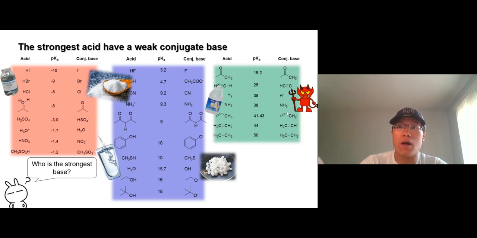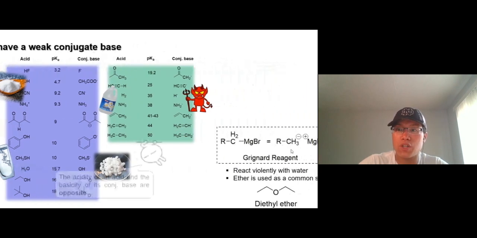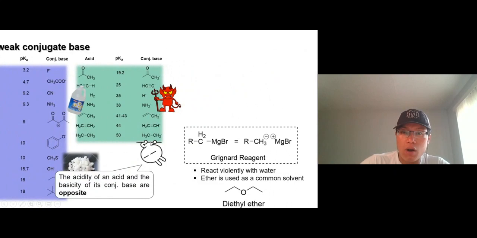Well, you have to look at who's the weakest acid on this page. The weakest acid is an alkane, and its conjugate base is one of the strongest bases known. It's so strong that, with the Grignard reagent that we're going to learn in the alcohol chapter, the Grignard reagent cannot be used in an aqueous solution because it's so reactive that it can react even with a stable compound like water.